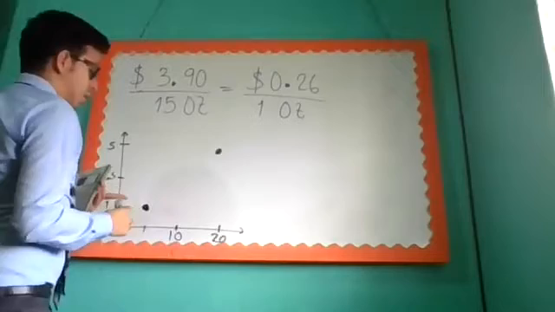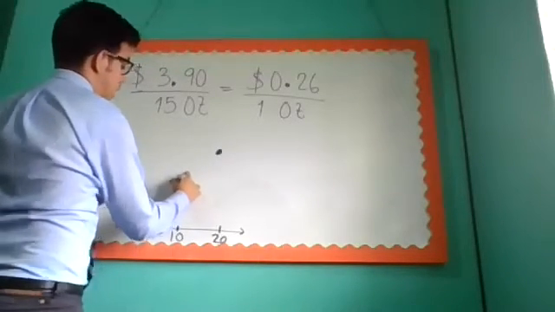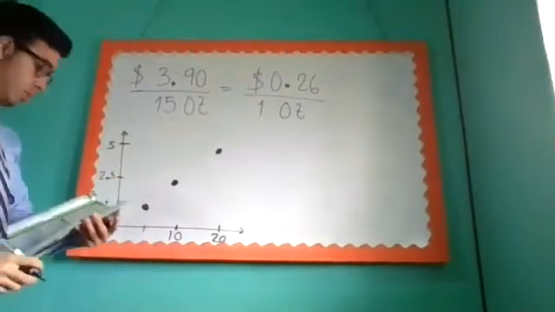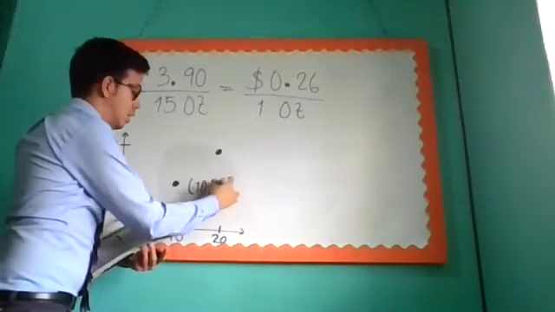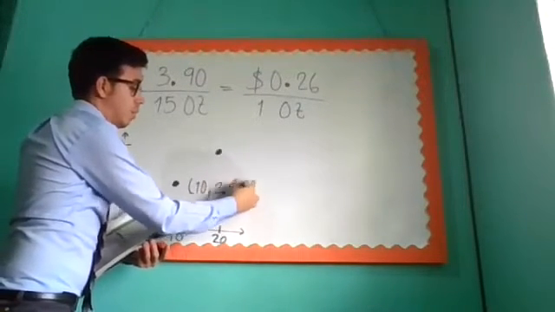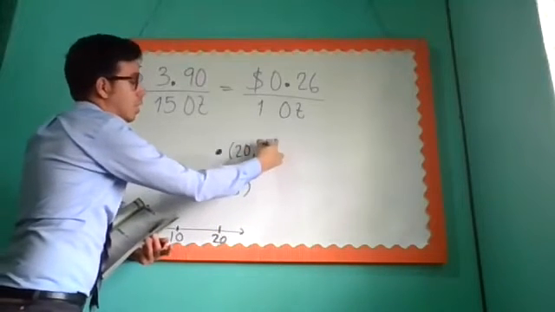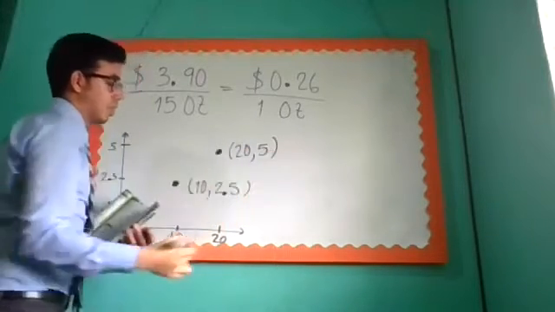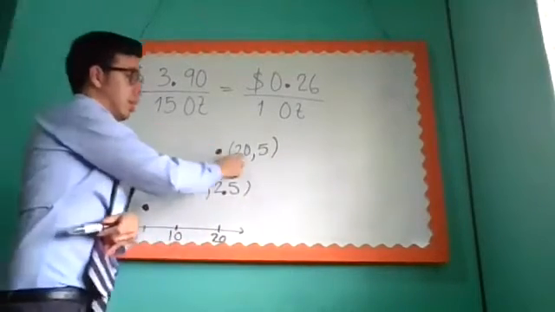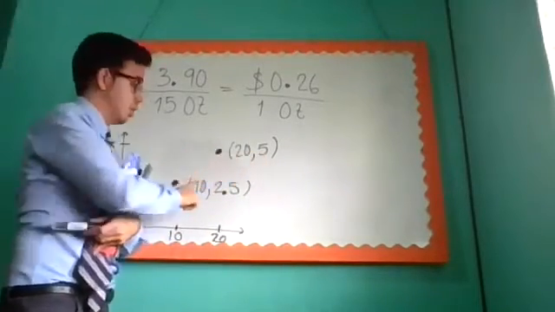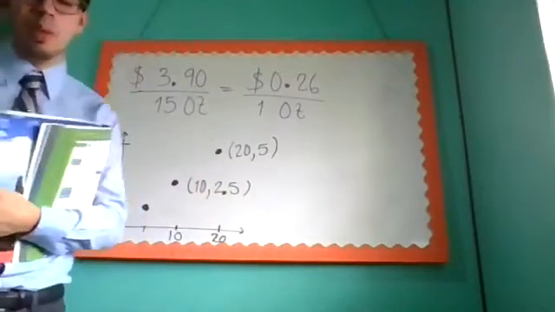The important part is to write the coordinates, to write the value for the x and the y. So if you write it in here, you have 10 for x and 2.5 for y. For the other one, you have 20 for the x and 5 for the y. Okay, this is the ordered pair x, y. The second value is y.